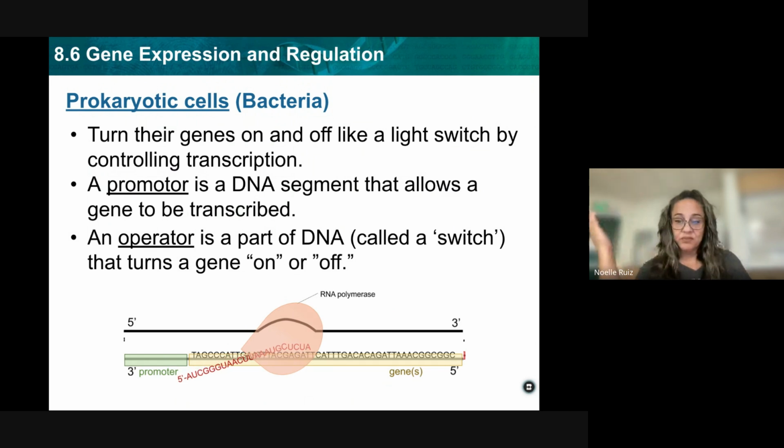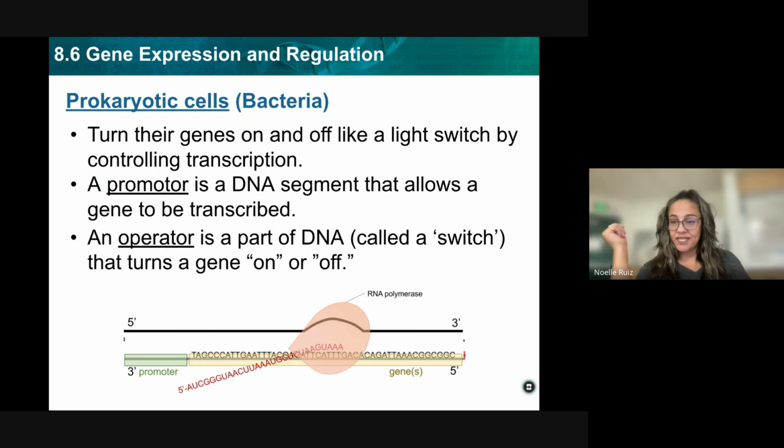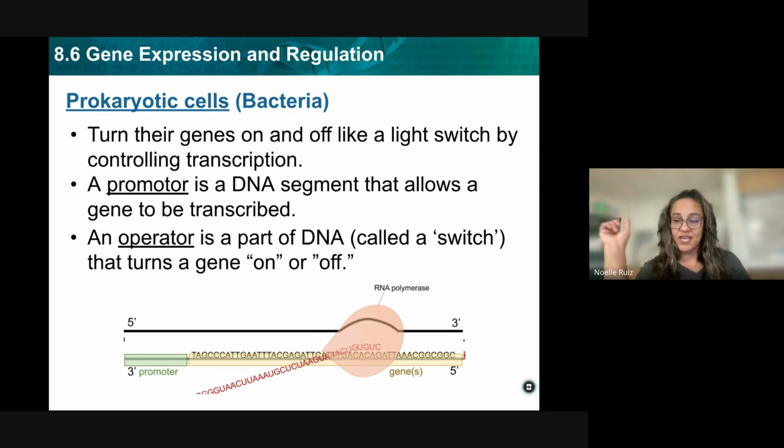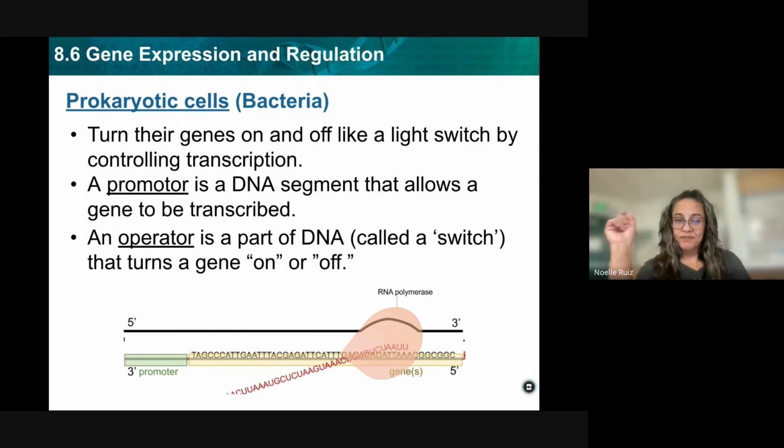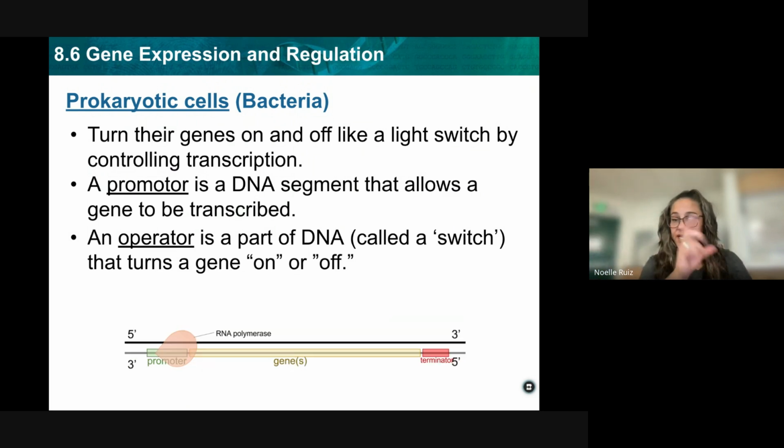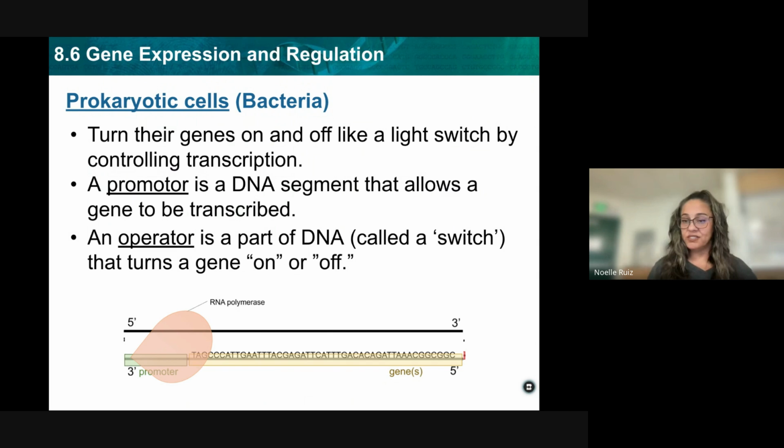And like I said, we have 3 billion base pairs, and a gene is just a piece of DNA. A promoter is a DNA segment, a piece of that DNA that allows the gene to be transcribed. That's basically the on switch.